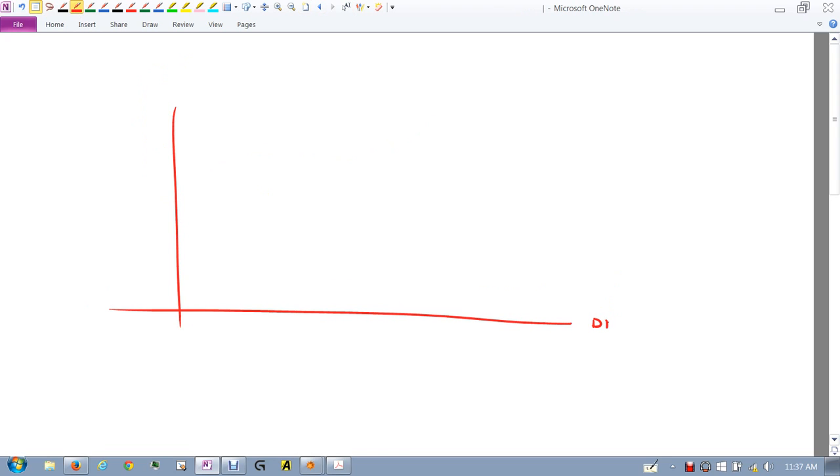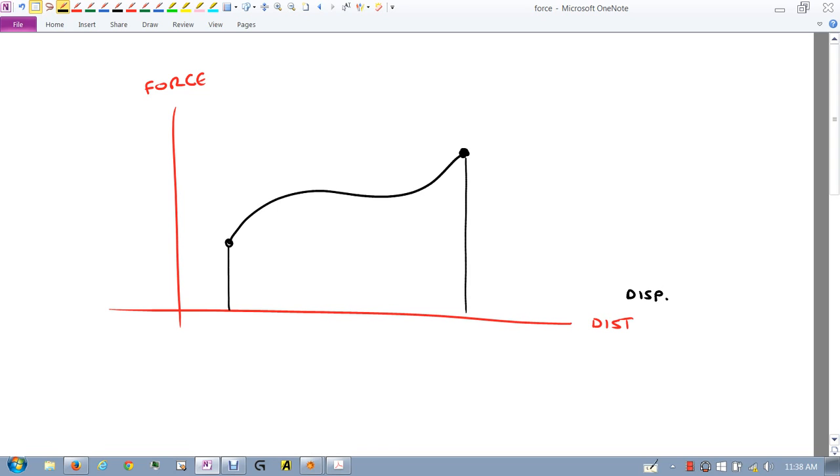So one example is distance and force. If you have a distance versus force curve, you could say distance or displacement if you want. Then what would this area underneath represent? Think about what the infinitesimal is.